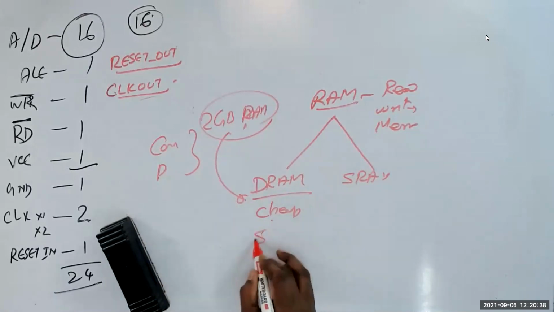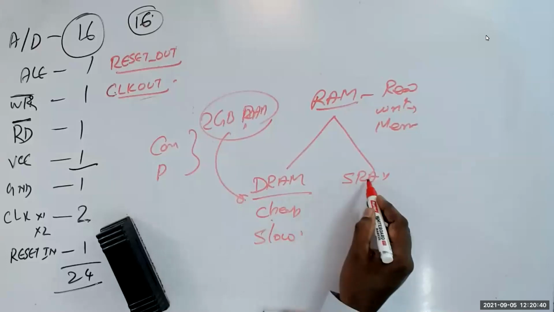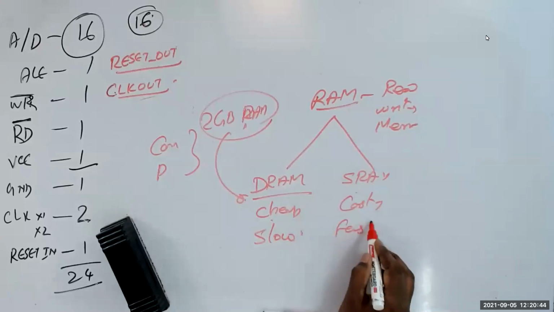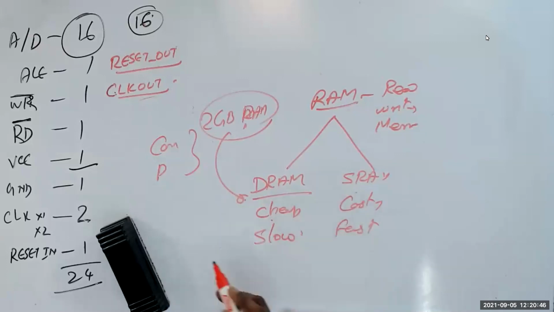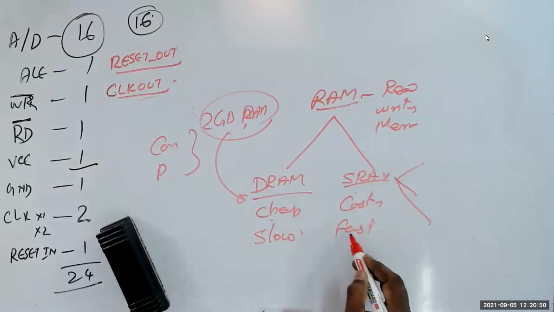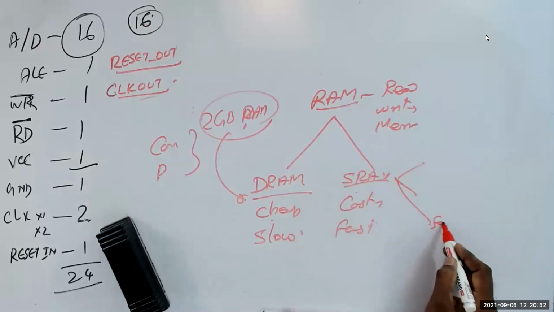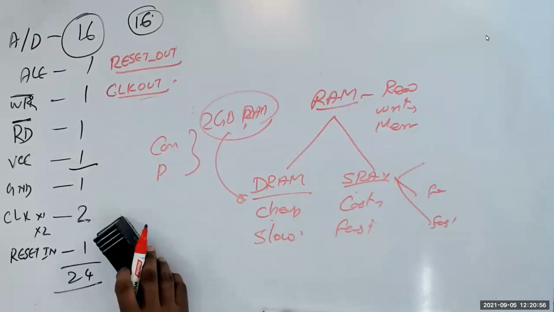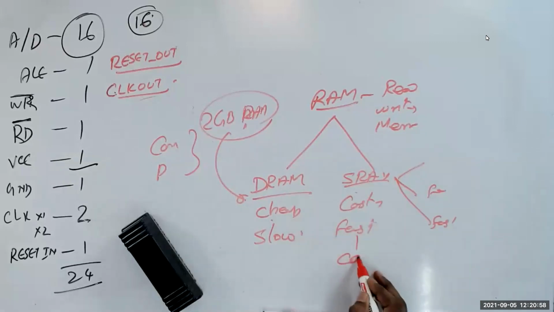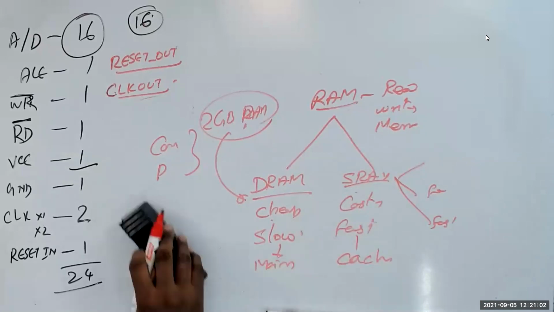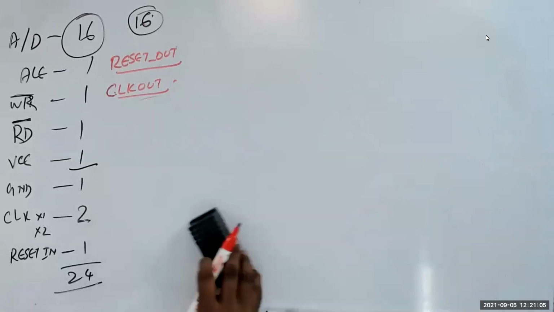But it is slow, whereas SRAM is costly, but it is fast. The SRAM itself has multiple types: fast SRAM, fastest SRAM. Now we use SRAM as a cache and DRAM as a main memory. Okay, let us discuss this in our embedded system class.